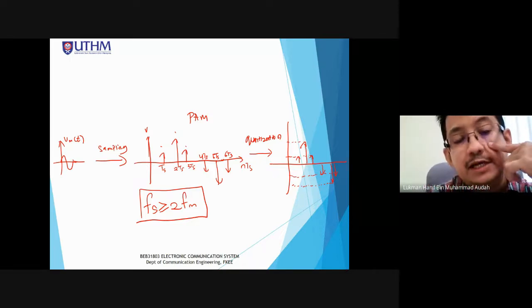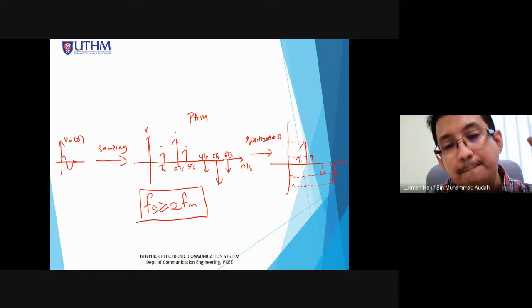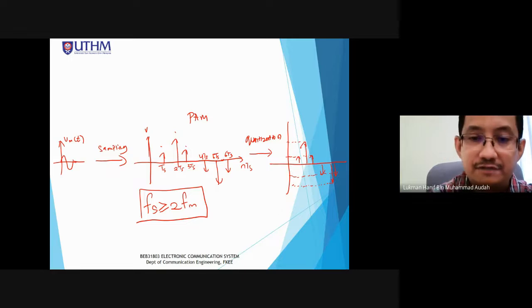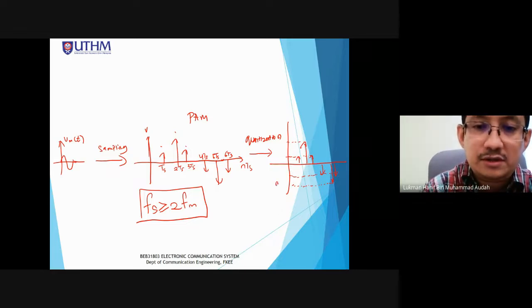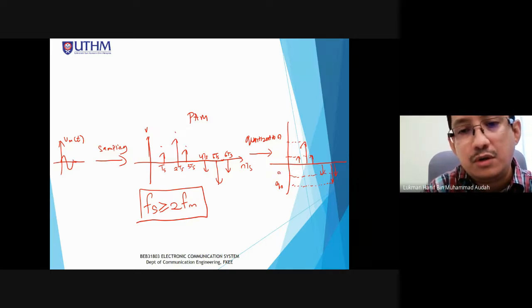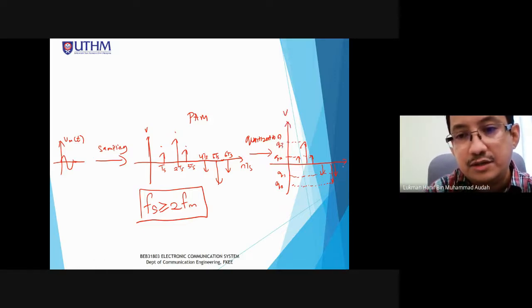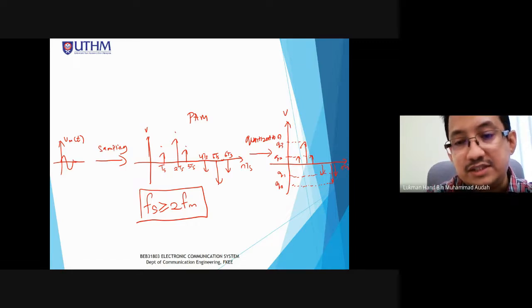Maknanya, saya perlu bundarkan, or I need to round up the amplitude of the sample to the nearest quantized level. So quantized levels, I can say, are Q0, Q1, Q2, Q3, and so on. This is in terms of voltage and NTS. Okay, masih discrete time.